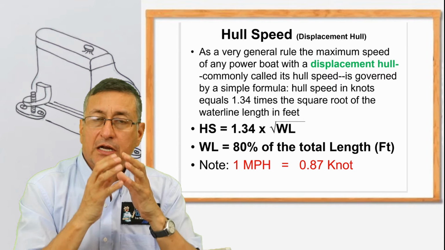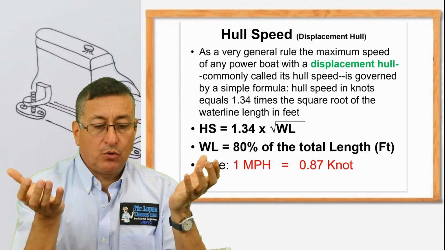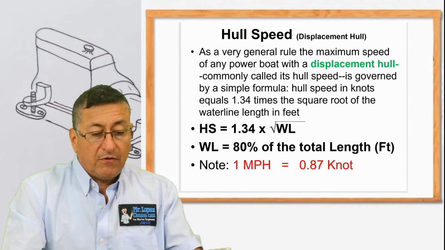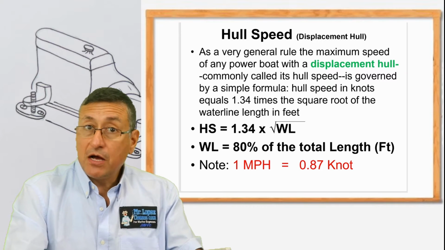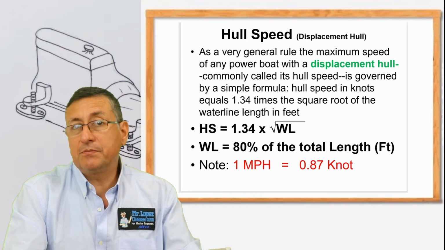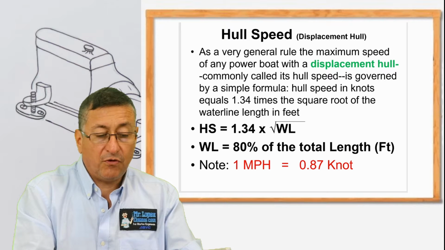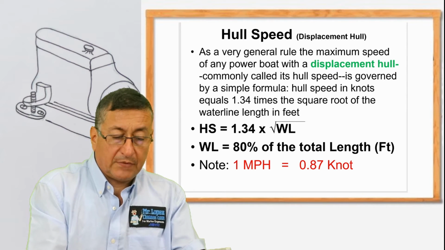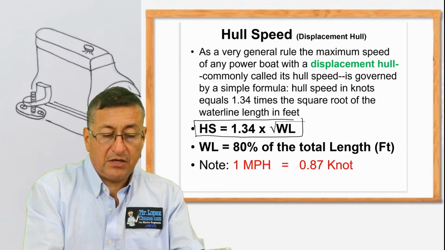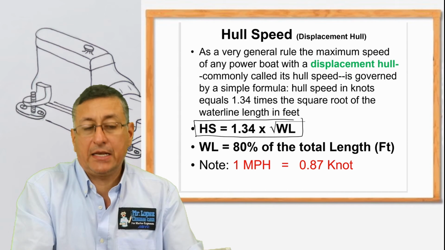This is the speed recommended by the manufacturer according to the length of the boat and the weight of the boat. As a very general rule, the maximum speed of any power boat with a displacement hull, commonly called the hull speed, is basically governed by a simple formula. The hull speed of a boat is equal to 1.34 times the square root of the water line.